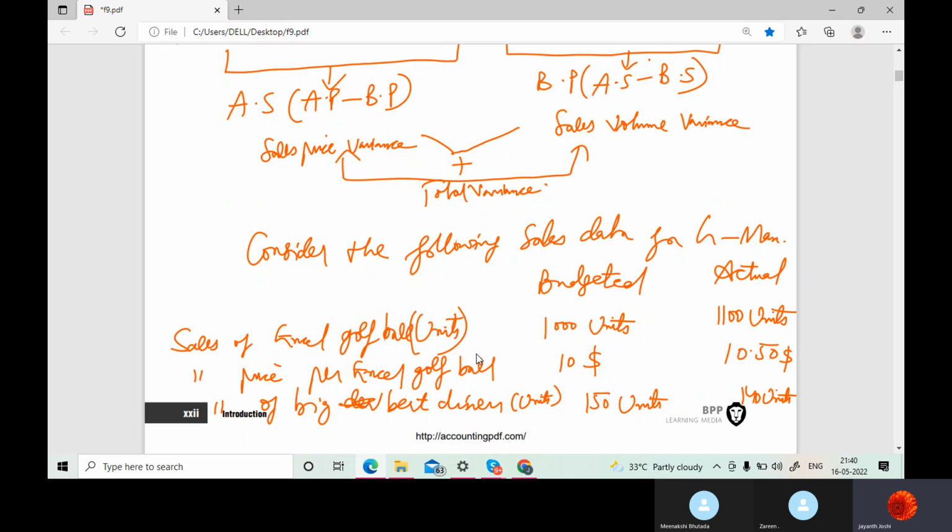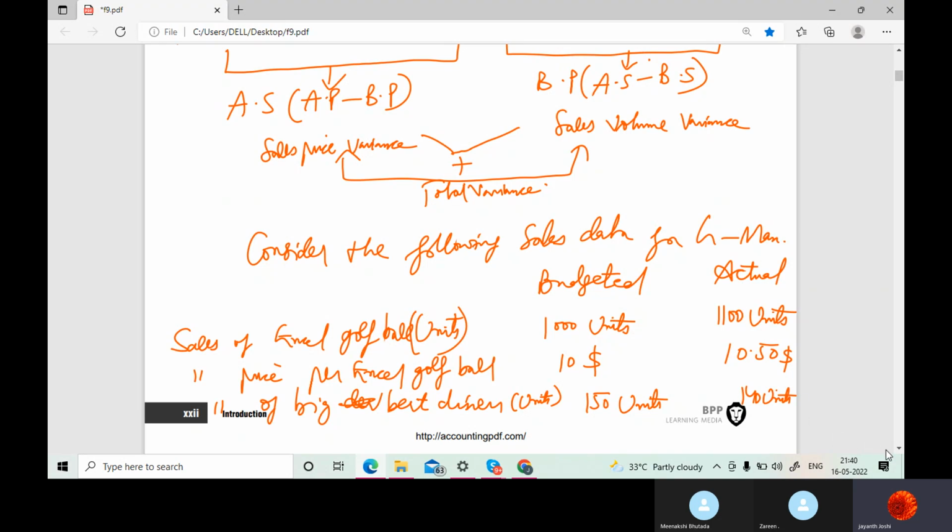You have to do both, for Excel golf balls and also Big Bird drivers. These are two different products, and for both of them you have to find out the variances. I have not explained mix variances, so I understand.